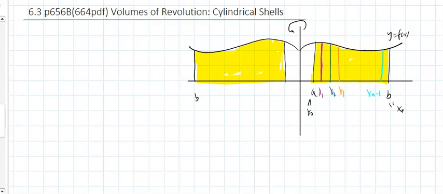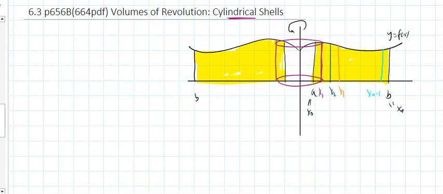Now, as this rotates, when I pick this, I'll notice it's going to create an identical copy like it right there. And as this piece rotates, I see a cylinder, and that's where the name cylindrical shells comes from.